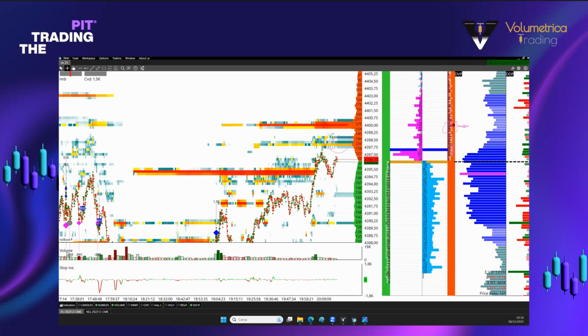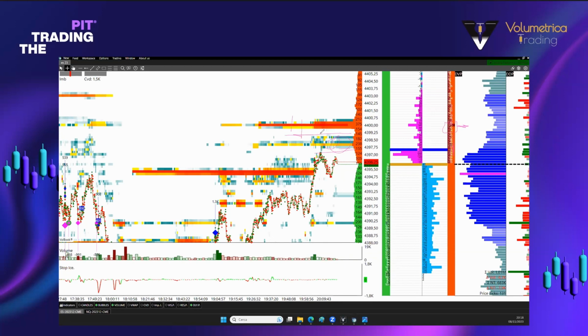Here we have another band coming with slightly lighter colors than the one here.